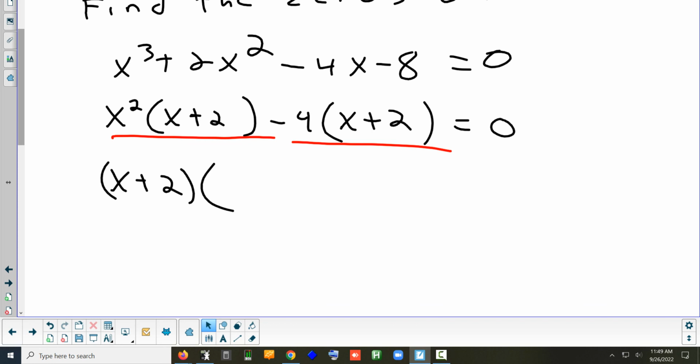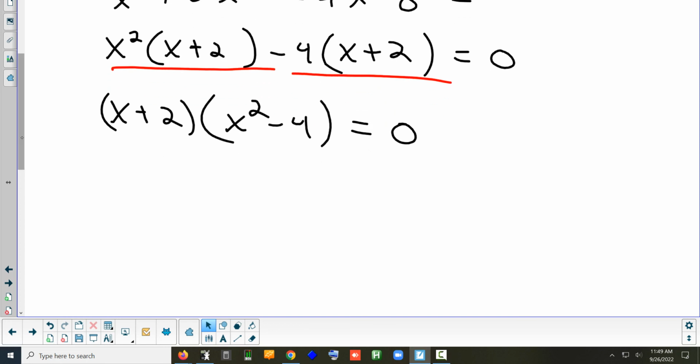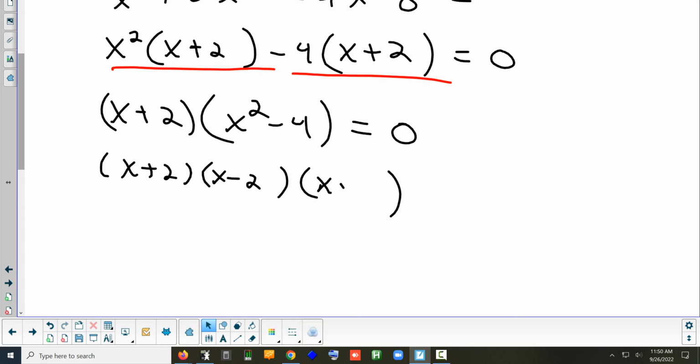What's left with the first thing underlined in red if you factor out x plus 2? And what's left with the second thing? Minus 4. And x squared minus 4 is a difference of 2 squares, so that factors again. How does x squared minus 4 factor? X minus 2. X plus 2.